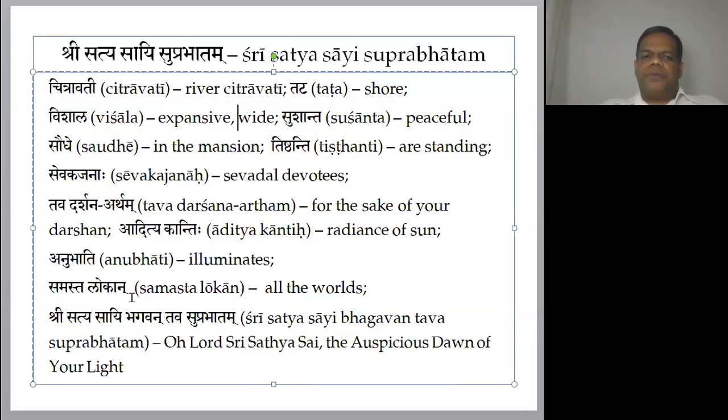Then this refrain which comes after every verse hereafter is Sri Sathya Sai Bhagavan. O Lord Sri Sathya Sai, Tava Suprabhatam, your auspicious dawn. I have translated it as the auspicious dawn of your light.